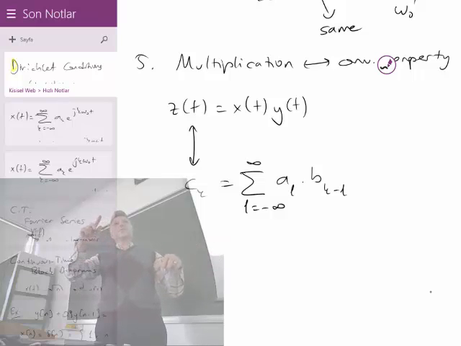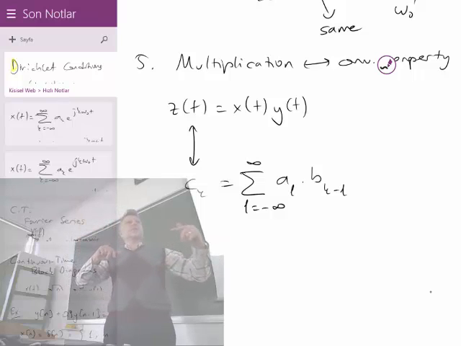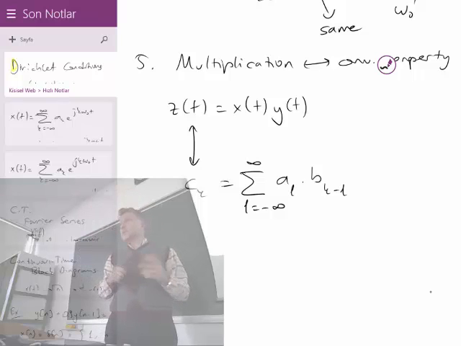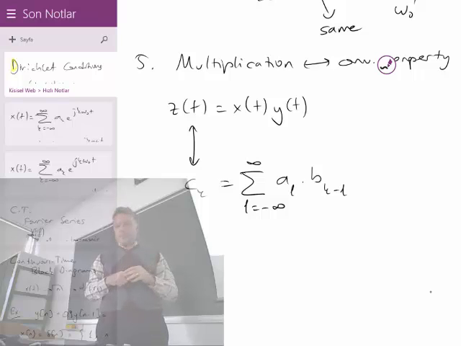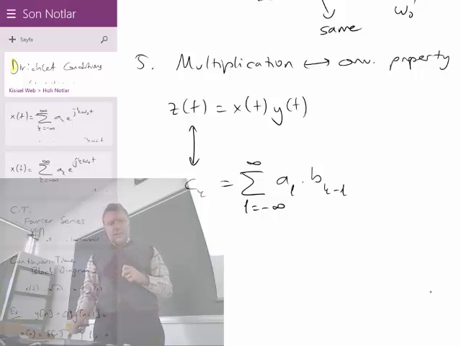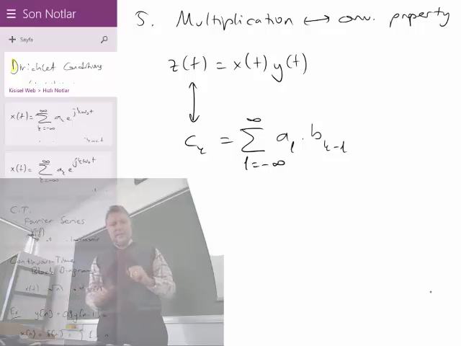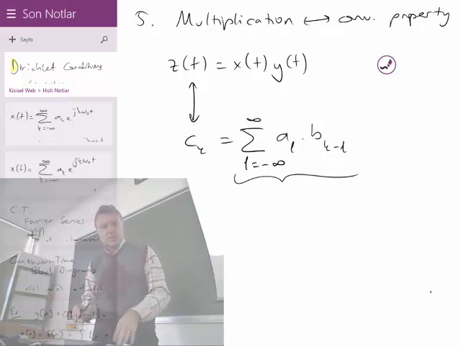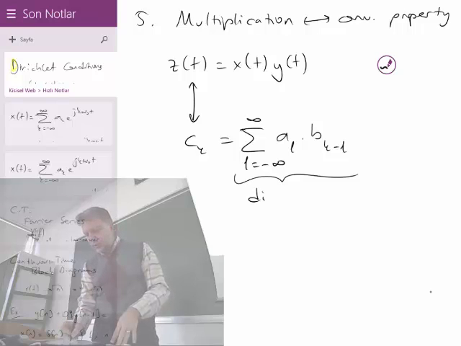Take the Fourier transform of x, take the Fourier transform of h, and multiply them. And then, of course, if you want the time domain signal, you have to take the inverse Fourier transform of the multiplication to come up with the output in time domain. Okay, this is a hint or a glimpse of that property in the opposite direction. So this is discrete convolution.